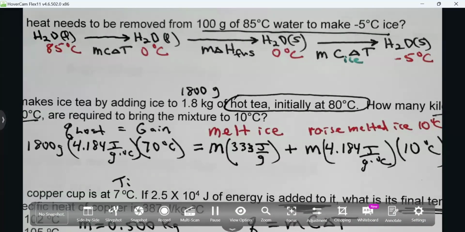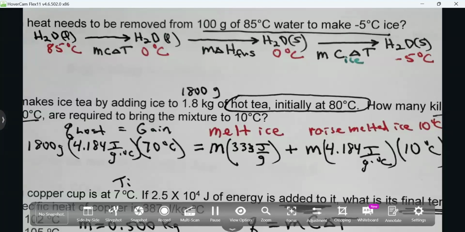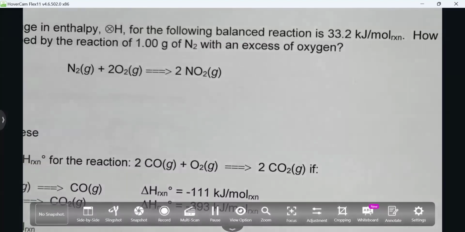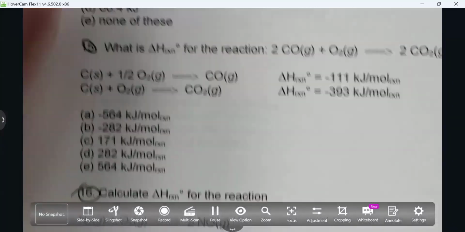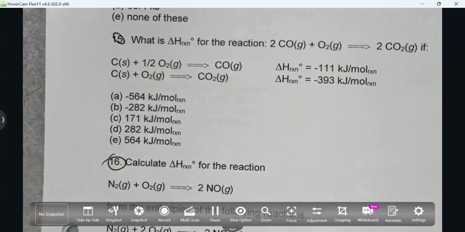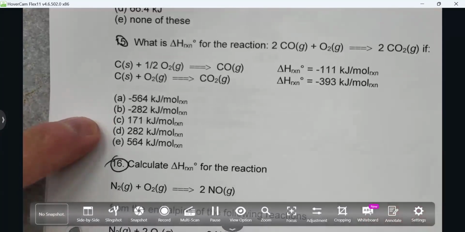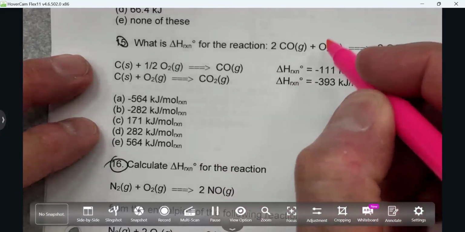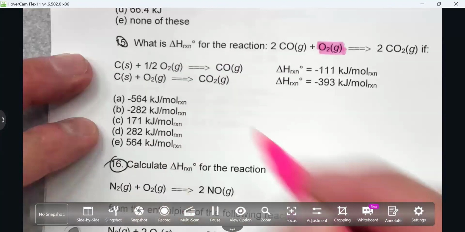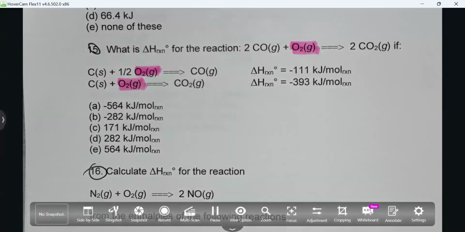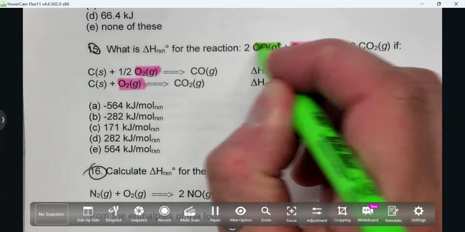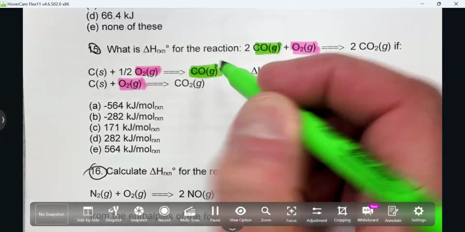All right, 15 and 16. All right, so 15. Okay, so we've got oxygen gas here, and oxygen gas here and here. Carbon monoxide is right there.